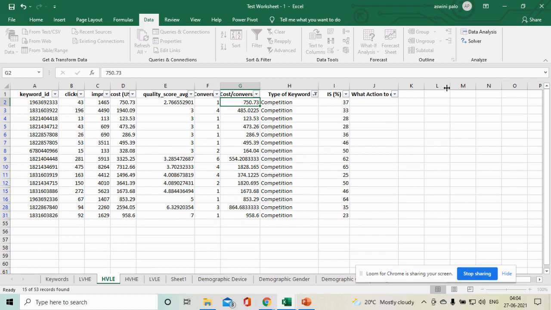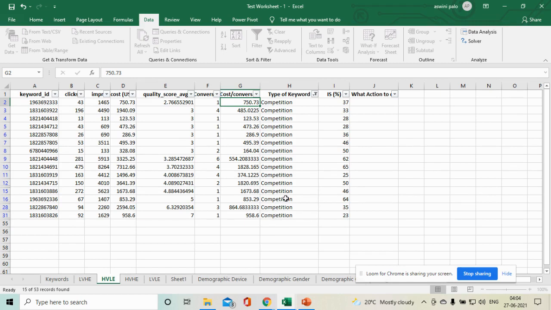So what exactly should you do here? In order to reduce this, basically you need to work on the bids. You need to reduce the bids so that your cost of conversion shouldn't go up. You should immediately move to target CPA so that you will be able to control your cost in a much better fashion.